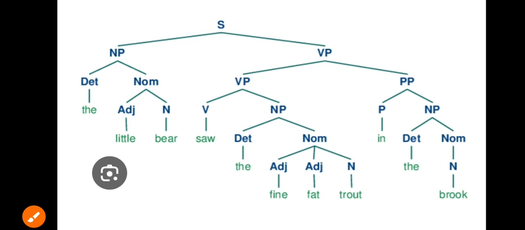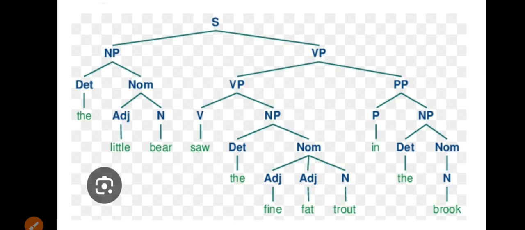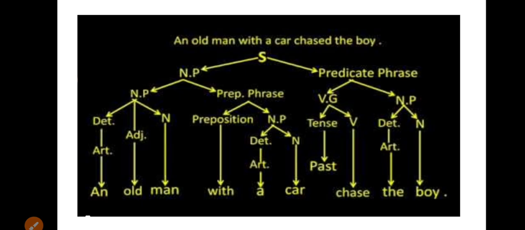Then "in the brook" is simple: "in" is a preposition, "the brook" is a noun phrase, and that is a noun, right? An old man with a car chased the boy. "An old man" is a noun phrase, then the predicate phrase. Phrase is actually one of the varieties, predicate phrase, so we have to study that.